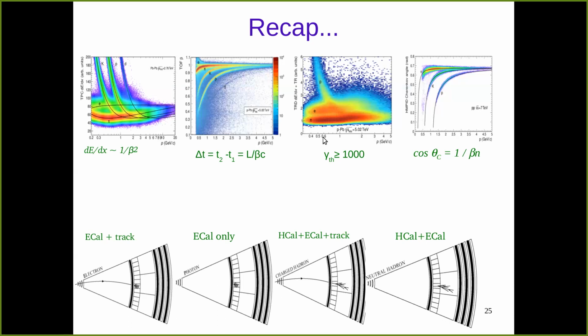Next is the detector response of the TRD, that is the transition radiation detector. It emits when a charged particle passes through an inhomogeneous medium. By inhomogeneous, I mean the medium is a combination of two media with different dielectrics, then the charged particle emits a photon, and that photon is then converted into a detectable signal.